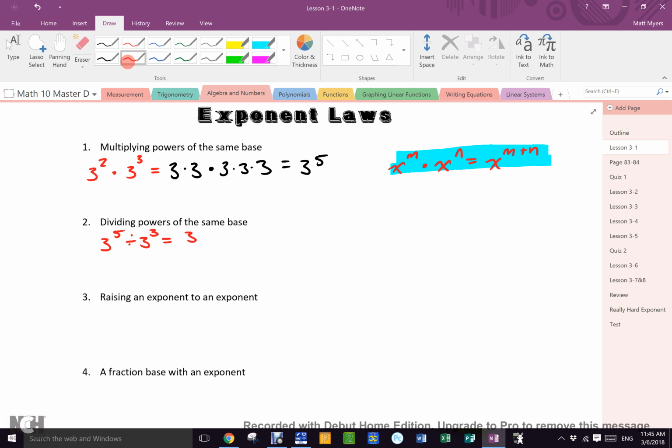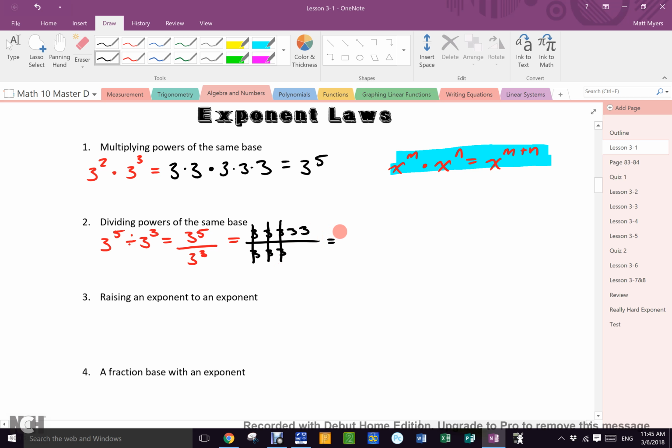And once again, if you understand exponents, even if you had never seen exponents before, if you understand this in black here, you already know how to do this. That is 5 3's over 3 3's. 3 over 3 is 1. 3 over 3 is 1. 3 over 3 is 1.